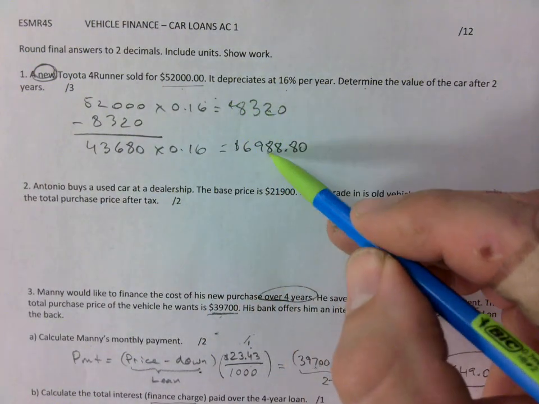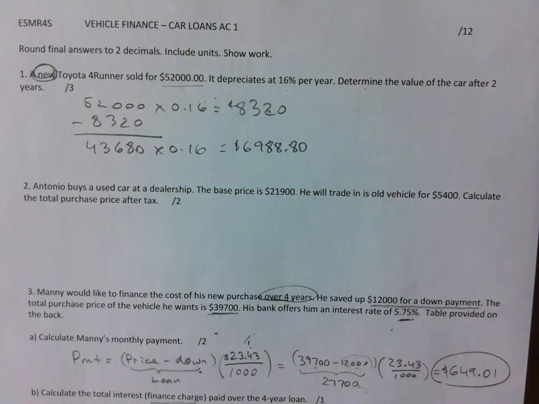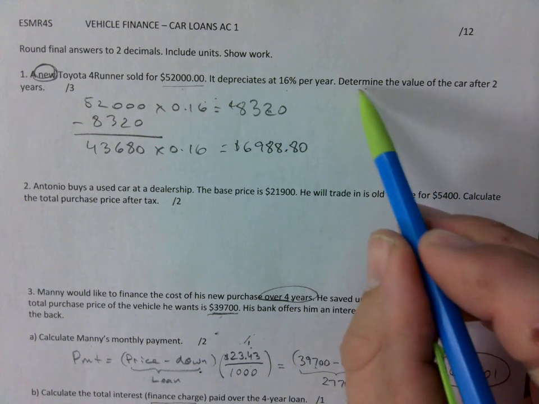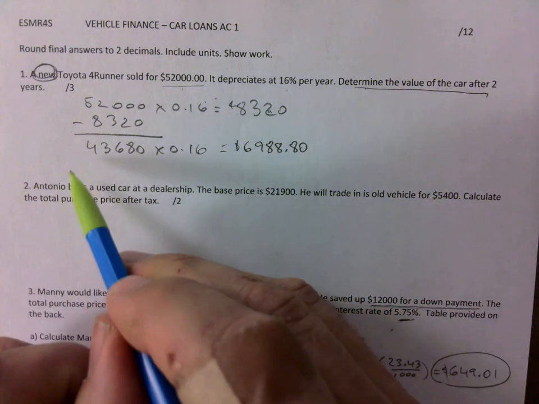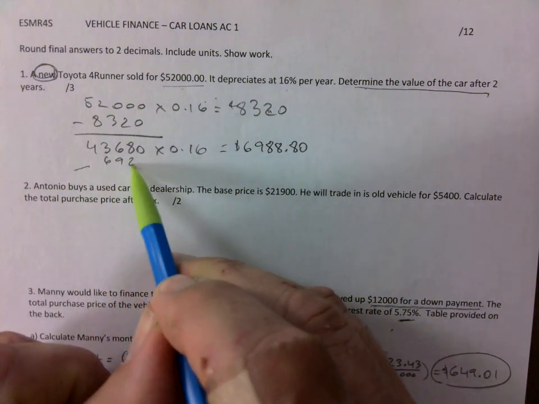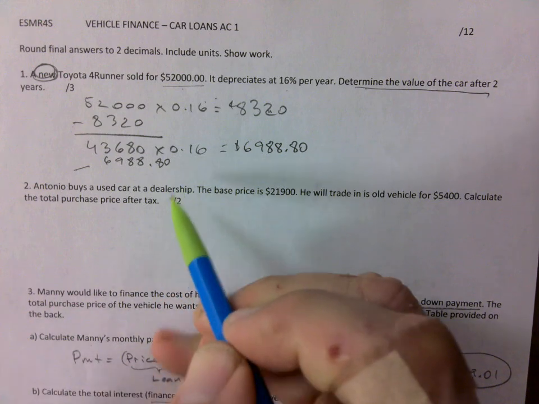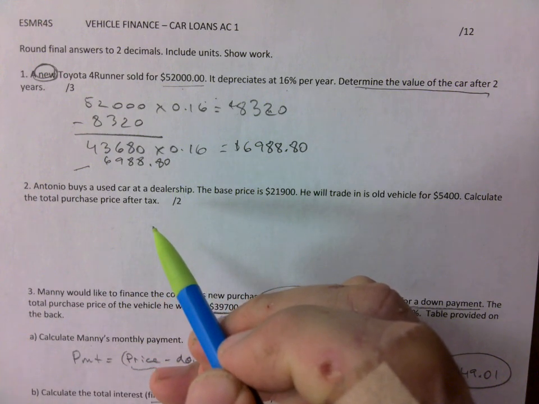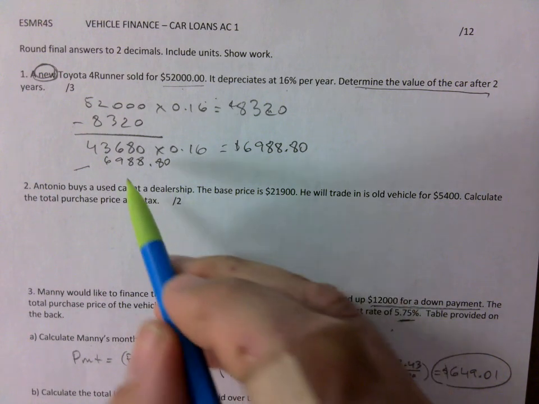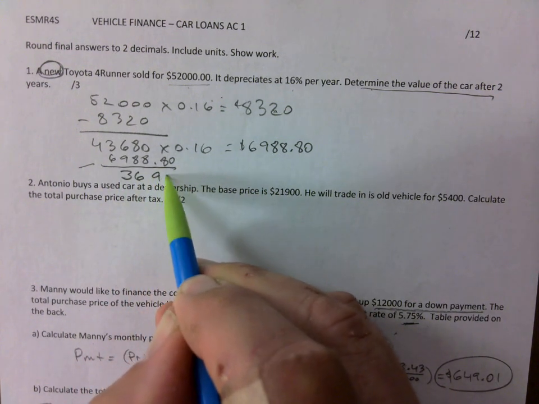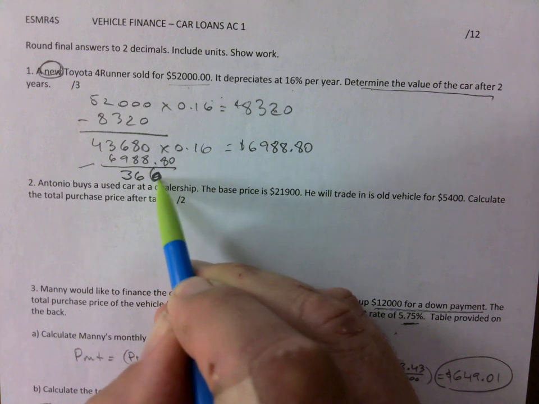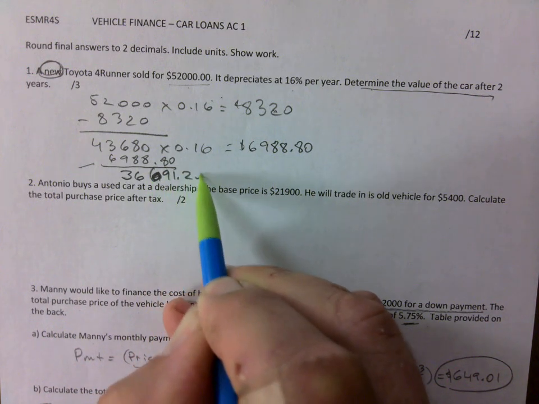This will be total depreciation, right? Total loss. But that's not what it's asking for. It says determine the value of the car after 2 years. So you take that away one more time. $43,680, and there it is. You're left with $36,691.20.